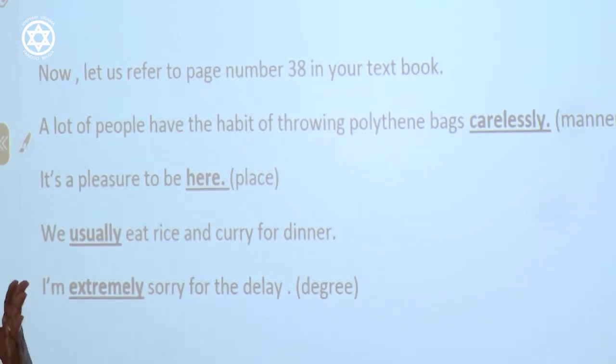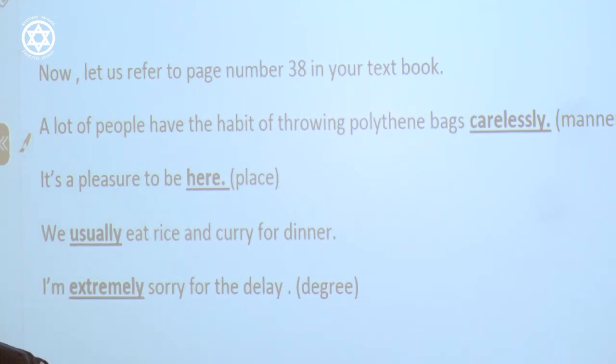What is the adverb in this sentence? I have underlined the adverb: carelessly. To which adverb category does this word belong? Carelessly tells us how the action happens, so it is an adverb of manner.